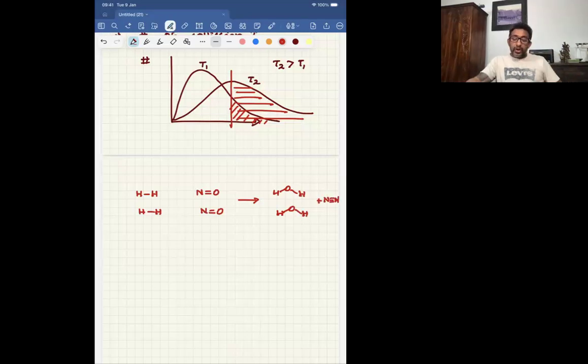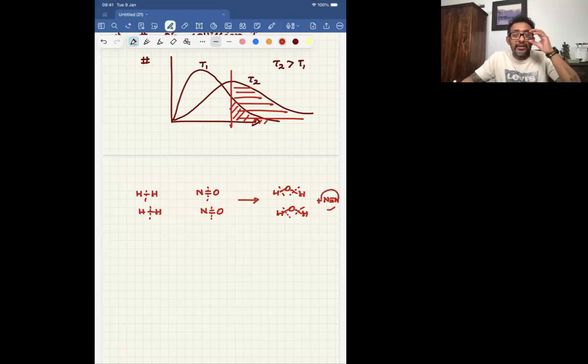So you can see, you are breaking a single bond, you have to break a double bond. Here, oxygen-hydrogen single bond, oxygen-hydrogen single bond, oxygen-hydrogen single bond. And you have to make a triple bond, which is a very strong bond.